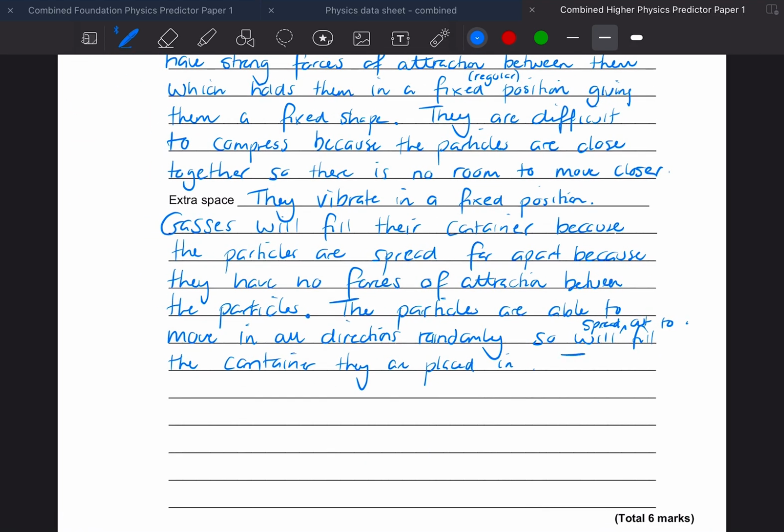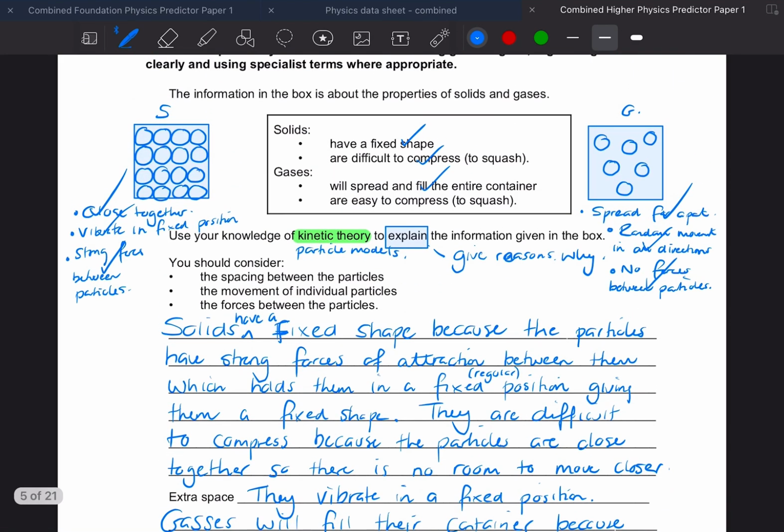compress. So they can be compressed. And this is the opposite of the solid. You can see in the solid there's no space to compress them, whereas in the gas here, there's all this space for the particles to move into.